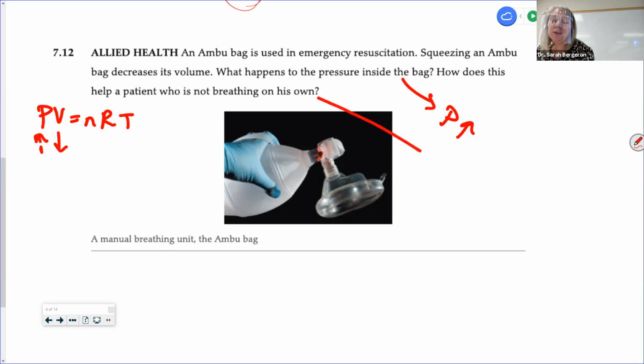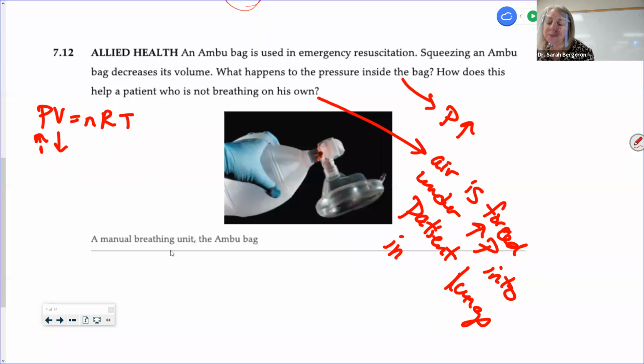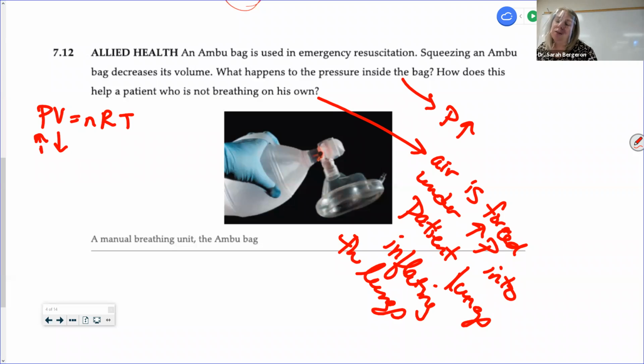So the air is forced under high pressure into the patient's lungs, inflating them. Right? What happens when you let go? You release the pressure. What happens? The bag's going to reinflate, right? And then you just keep doing it.